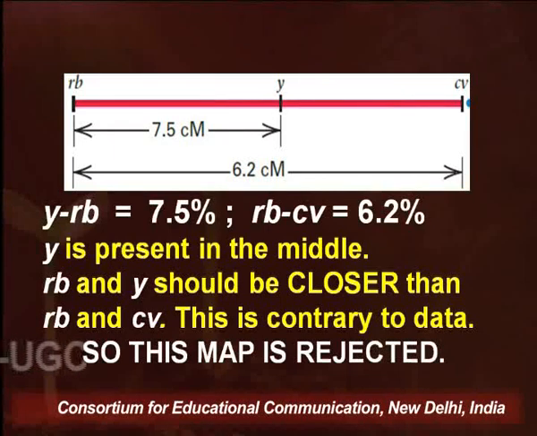RB and Y are 7.5, so far so good. But then what happens to CV and RB? We have found it to be 6.2. Now this becomes much larger. So this situation happens to be contrary to the data, and therefore we will outrightly reject this map.